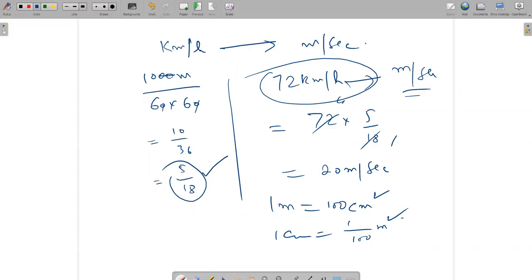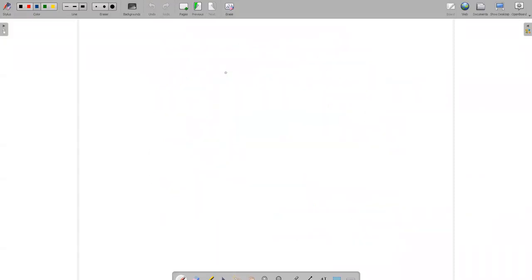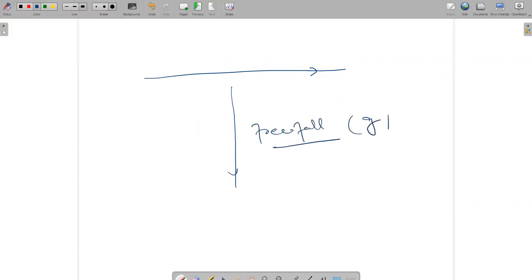In chapter number 2, we will discuss motion in one dimension. Either the body is moving like this one, or the body is moving like this one. This one is free fall, and you know that free fall acceleration is g. If the body is moving like this one, then acceleration is a.